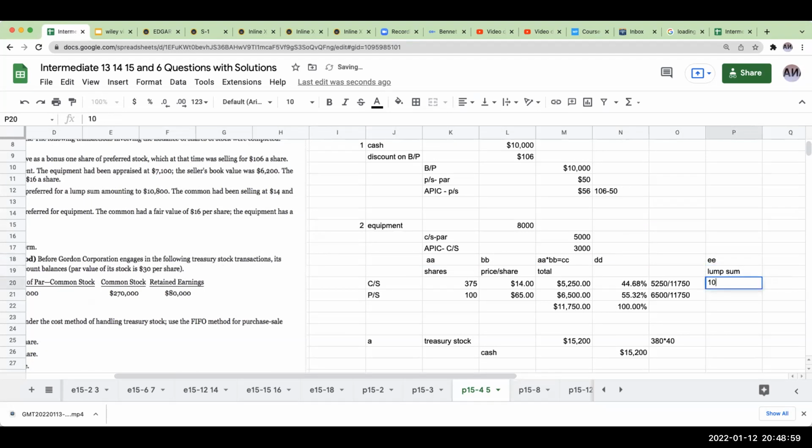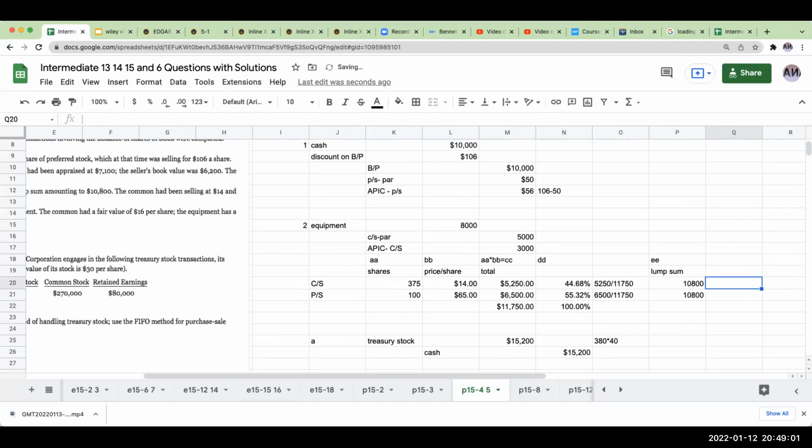The lump sum was 10,800. I'm going to take the percentage of total, multiply it by the lump sum, and this is going to give me my allocation for each.